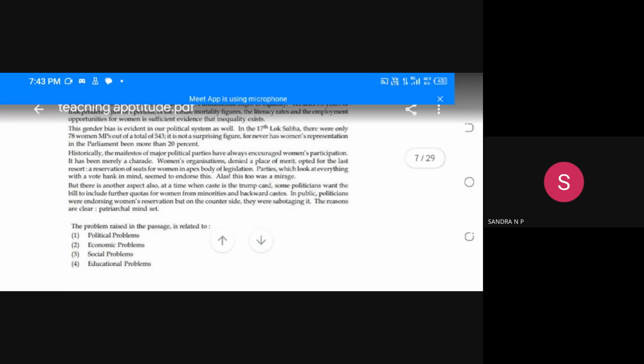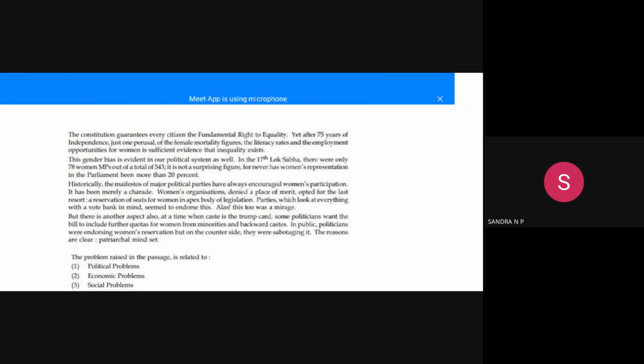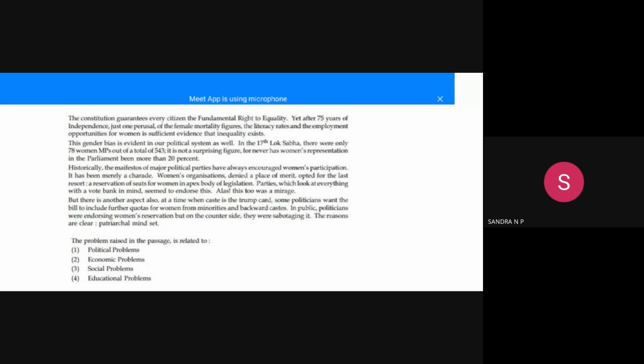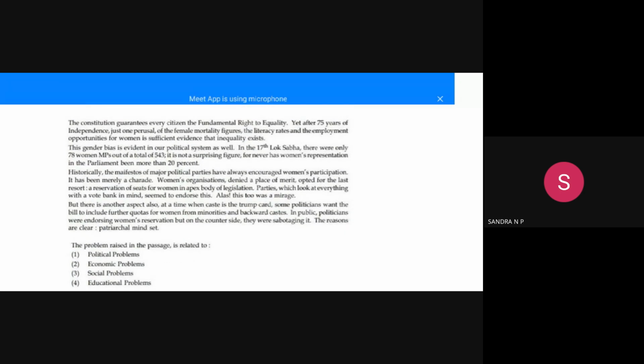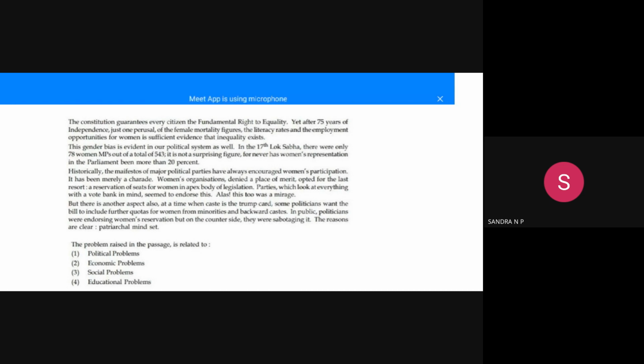So I will read out the next question. Carefully listen. The Constitution guarantees every citizen the fundamental right to equality. Yet, after 75 years of independence, the female mortality figures, the literacy rates, and the employment opportunities for women in society are sufficient evidence that inequality exists. This gender bias is evident in our political system as well.